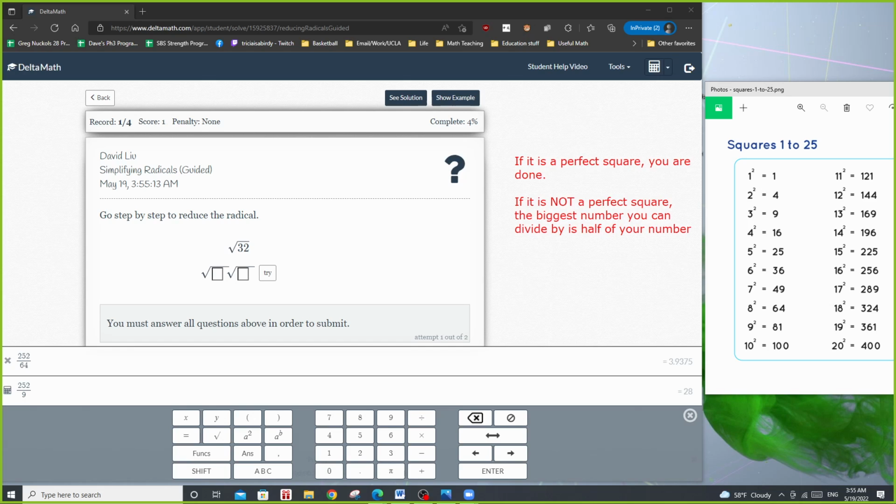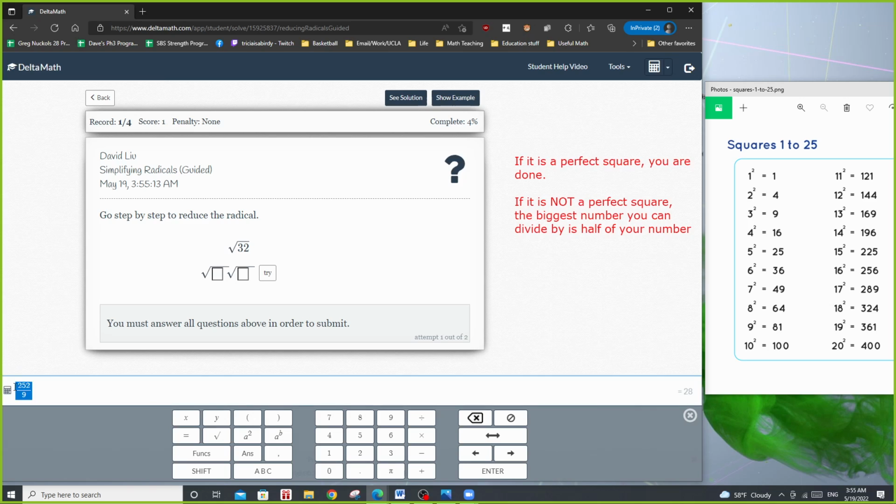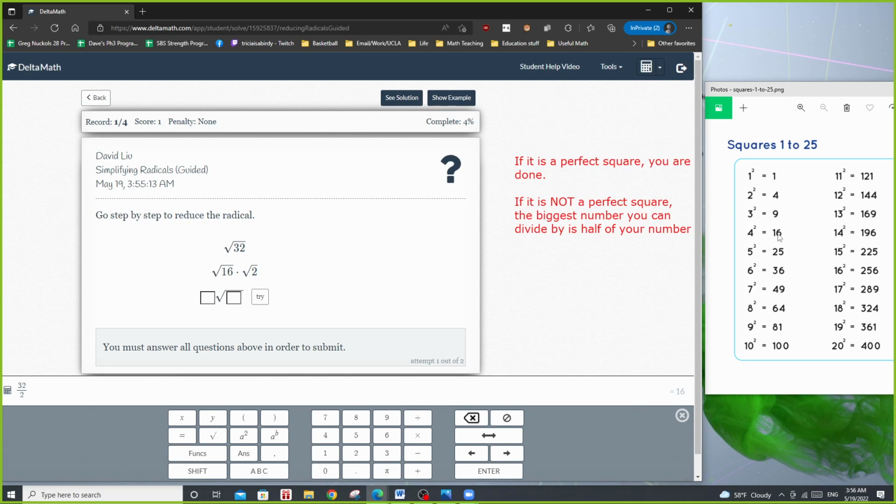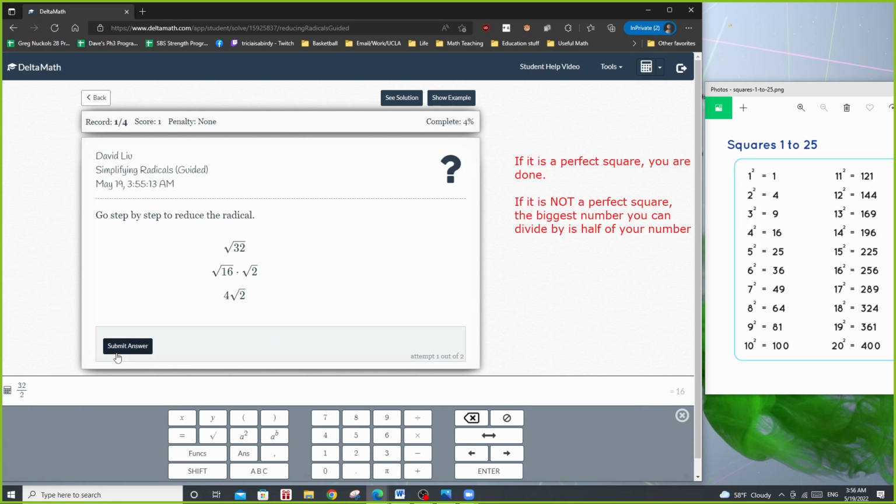So the biggest number I can divide 32 by, given my note here, will be 32 divided by 2. And it's 16, right? So that actually means 16 will be the one we can do. And 16 here gives us 4, so we can put 4 and 2. Okay?